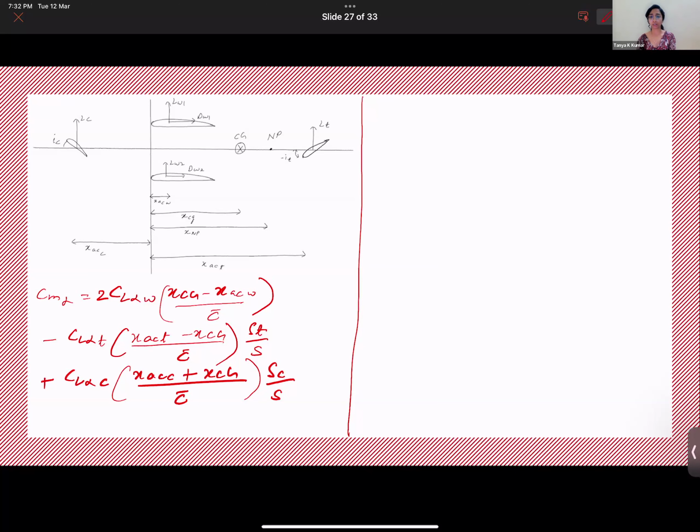Now you have this equation. How do we find out XNP? We need to find out the equation for neutral point. How do we find that out?